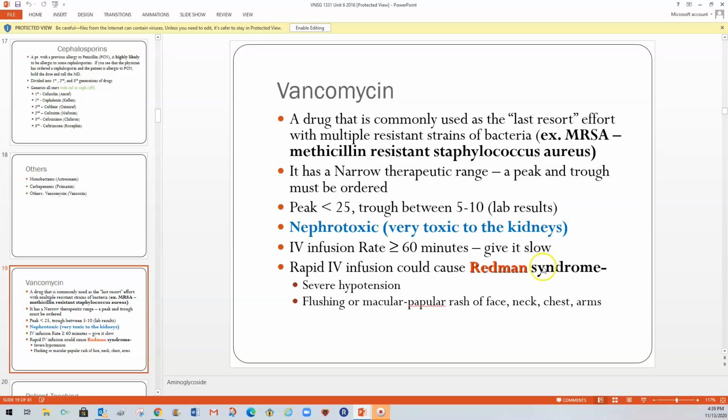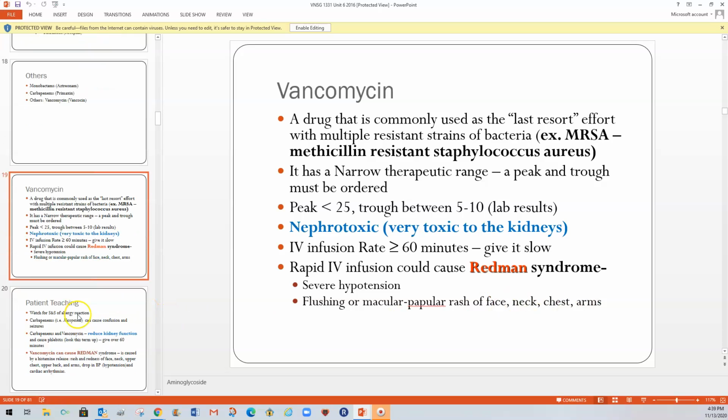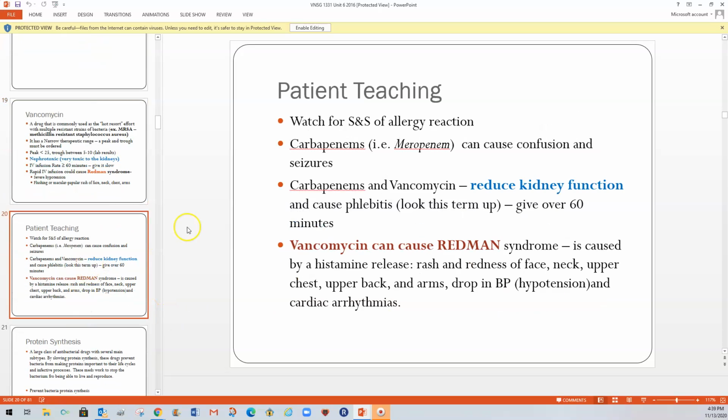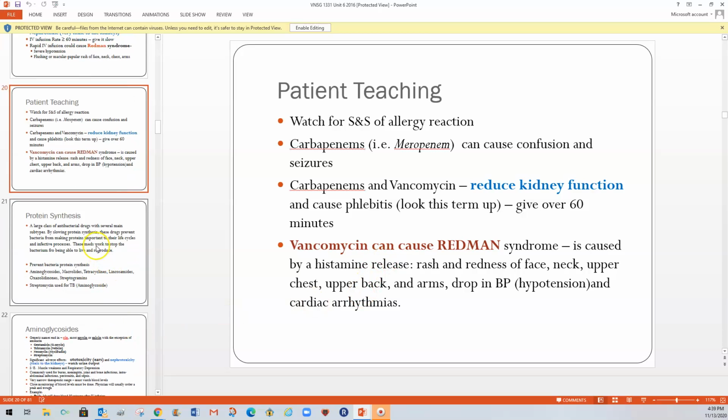Rapid infusion can cause red man syndrome, severe hypotension, flushing of the face, etc. You have to watch for signs and symptoms of a reaction. It can cause, the carbapenems can cause confusion, seizures, hurt the kidneys, and we talked about the red man syndrome.